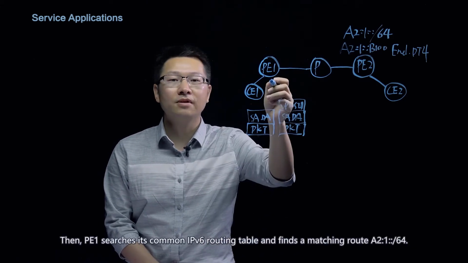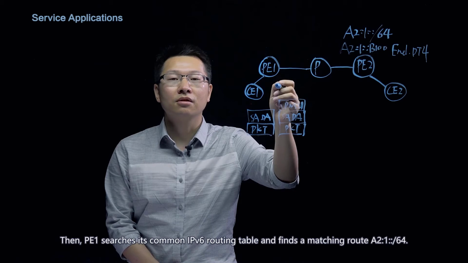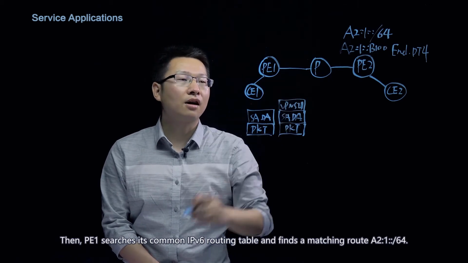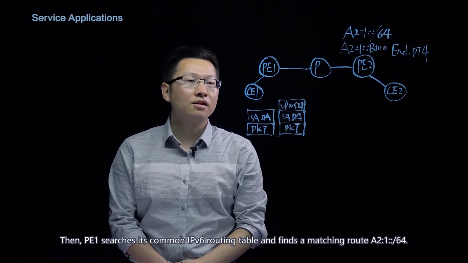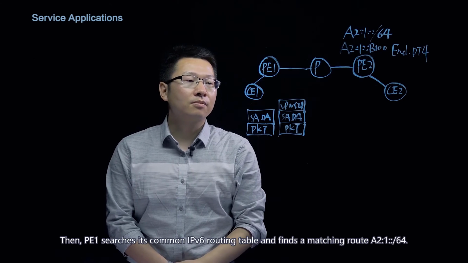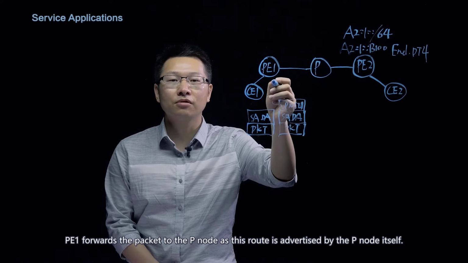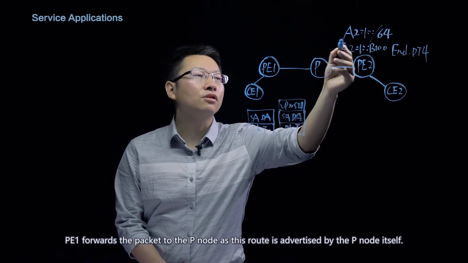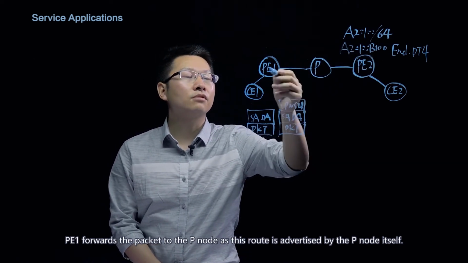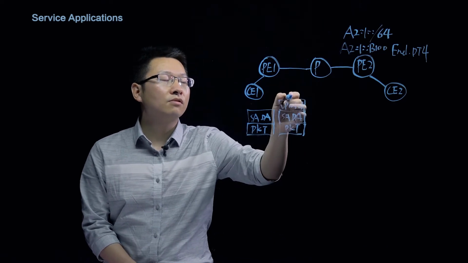Then P1 searches its common IPv6 routing table and finds a matching route A2:1::/64. P1 forwards the packet to the P node, as this route is advertised by the P node itself.